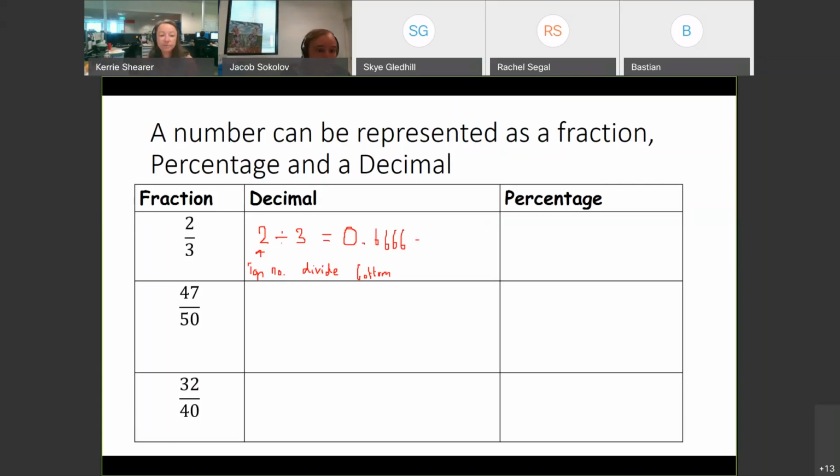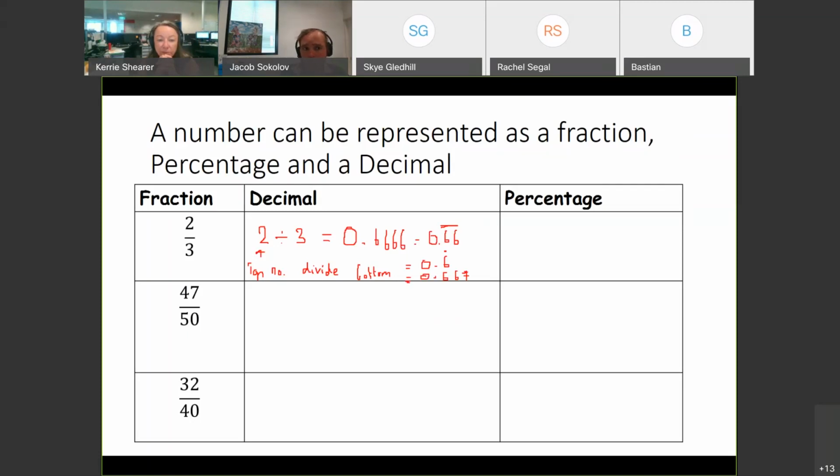We can write 0.666 recurring as 0.6 with a bar on top, or 0.6 with a dot, or we could also round it to 3 decimal places, so it'd be 0.667. Cool. Guys, if you don't have your calculator, you can use the calculator on your computer.